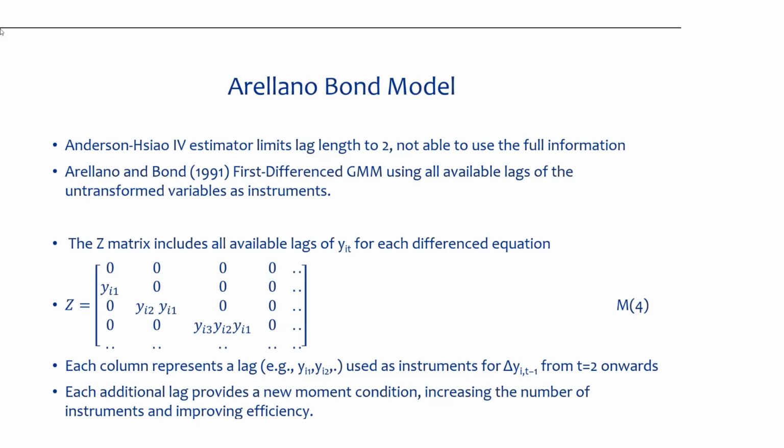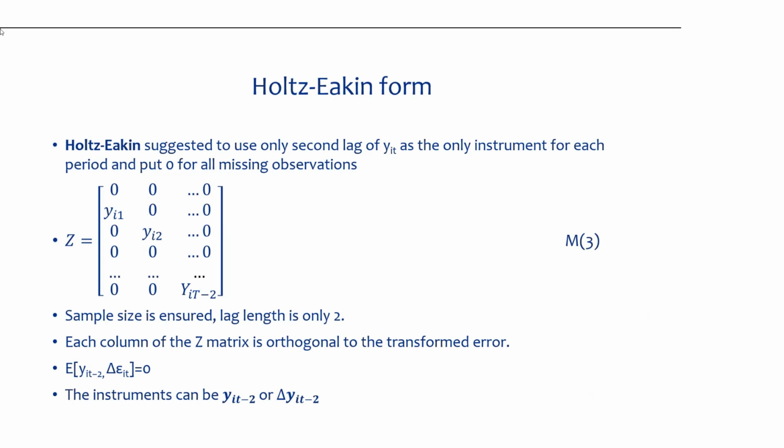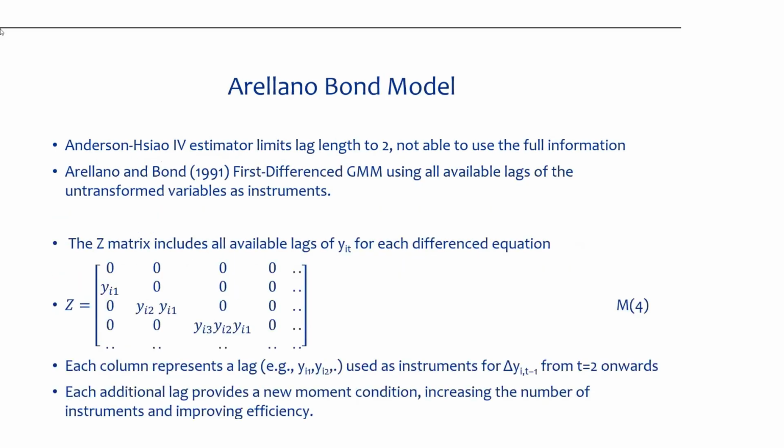In Anderson-Hsiao's model, you are just using 1 lag, your Y_it minus 2. Now here, you are using 2 lags for the period.